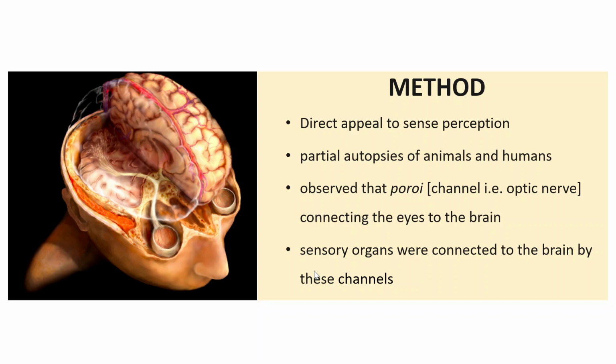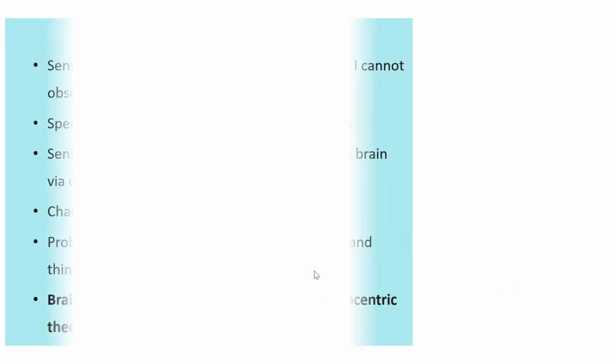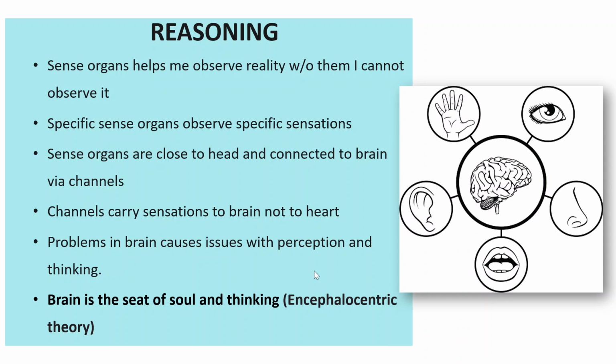And we use sense organs to sense. So his reasoning was as follows: sense organs help me observe reality. Without sense organs, I cannot observe reality. Eyes help me see, ears help me hear, and nose and mouth help me taste.